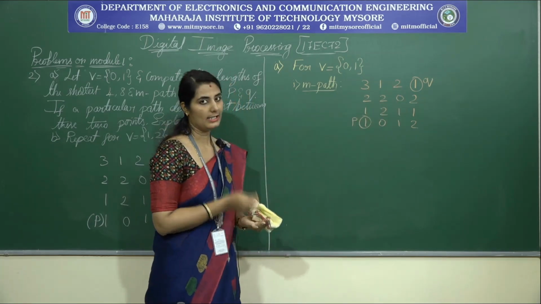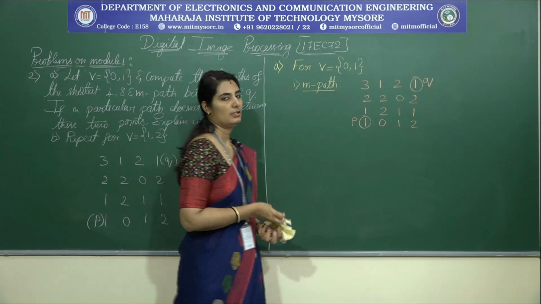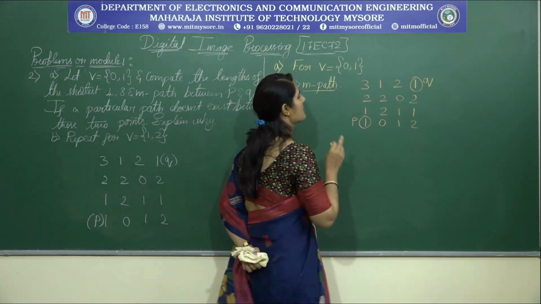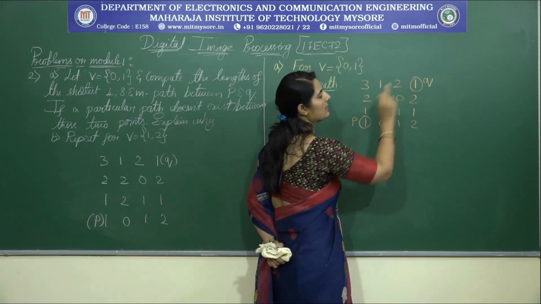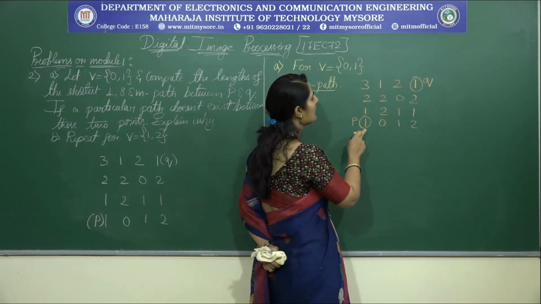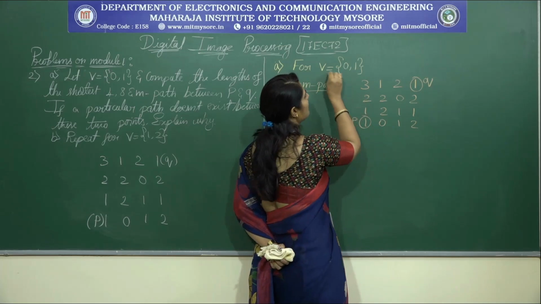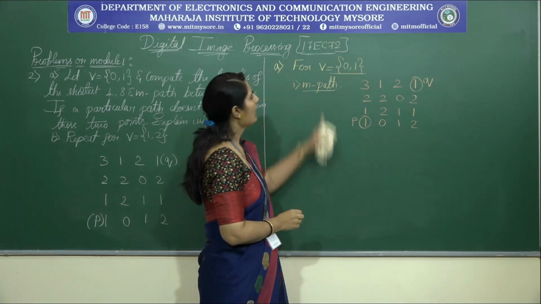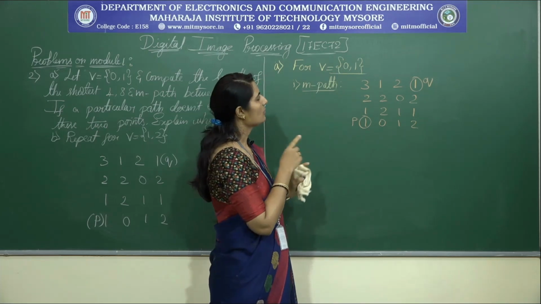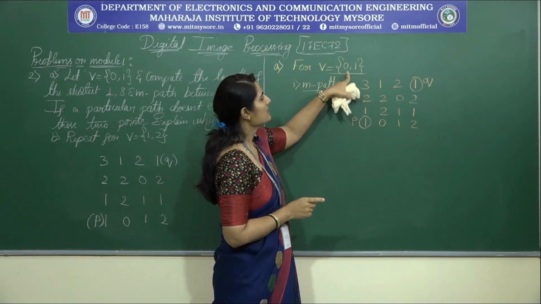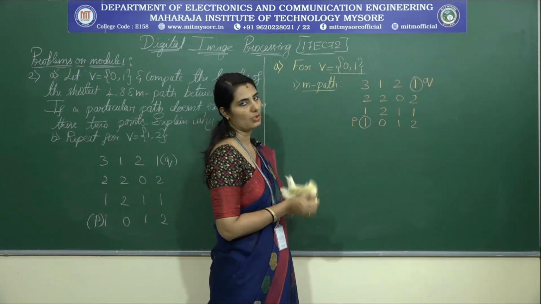For that again we should check the 2 conditions. The first thing is that we can set a path between the 2 pixels only if the pixel value is one of the values given in the set V. So I can only create a path if the pixel has these values, that is 0 and 1.